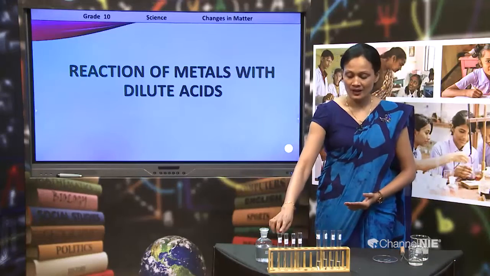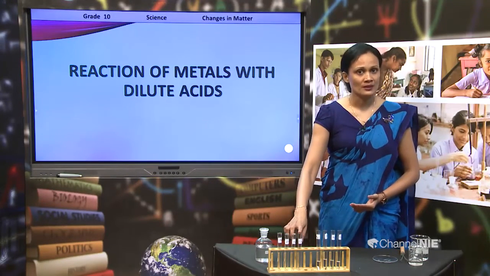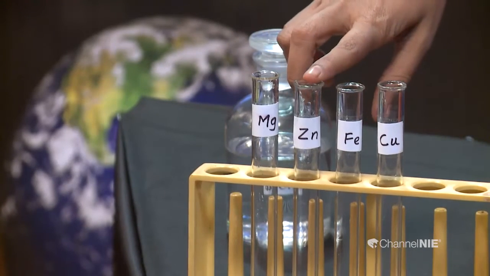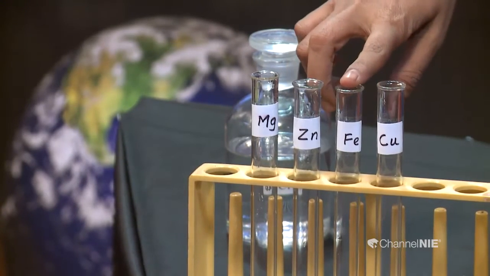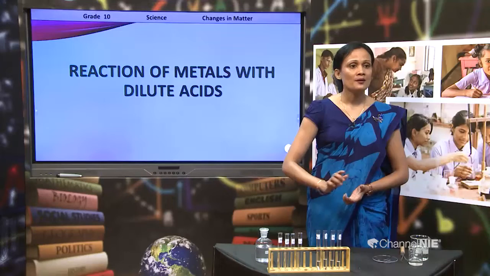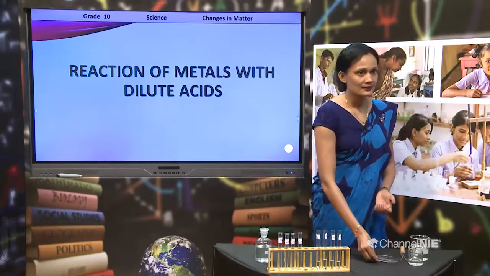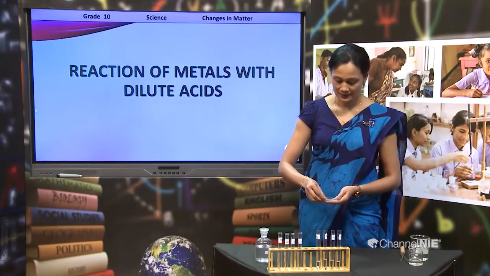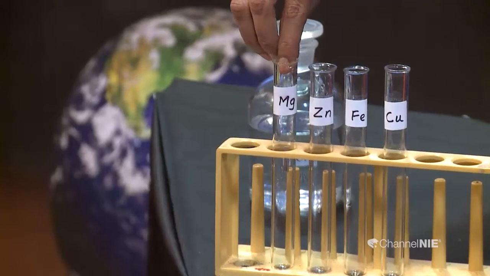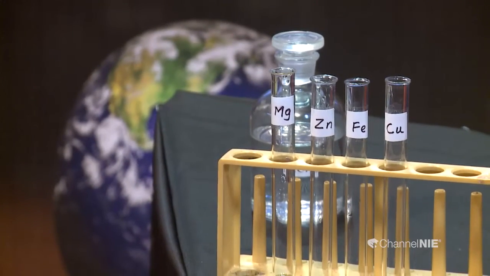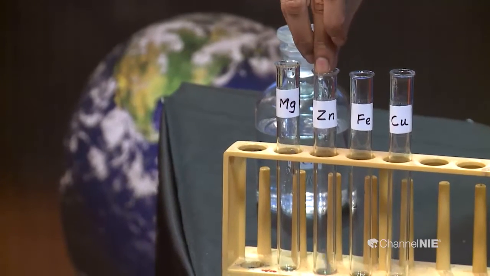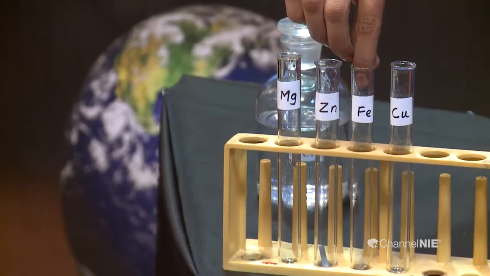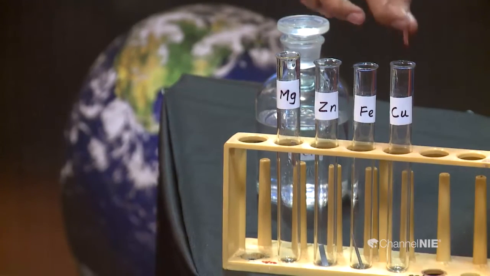Then here I got 4 test tubes labeled magnesium, zinc, iron and copper. Now I am going to add these metals into those 4 test tubes. First, magnesium, then zinc, after that iron, finally copper.